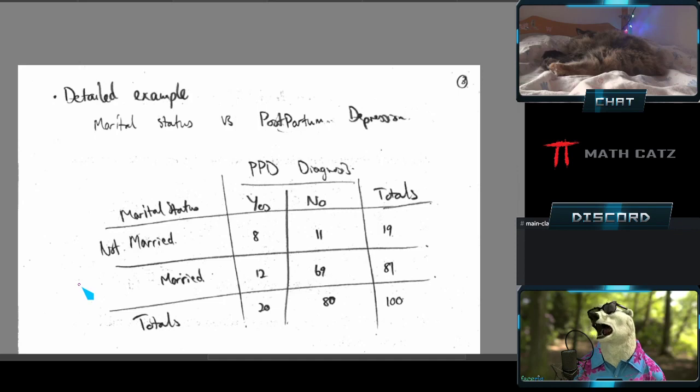But when we collect some data and we say, oh, from the not married people, 8 out of 19 had postpartum depression, that 8 over 19 can serve as a hopefully good guess for what the true probability is. We don't have anything else to go on. We have to take it as the probability, knowing that it's just an estimate.